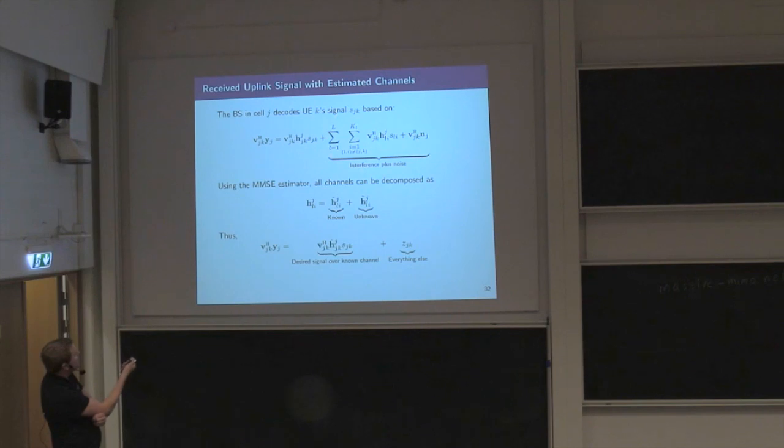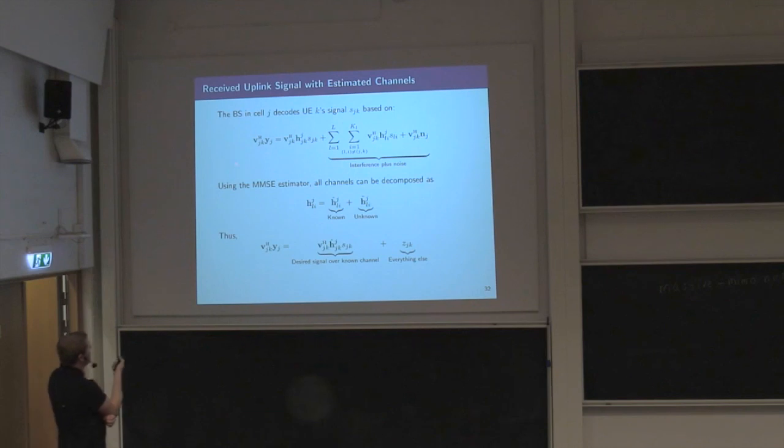When I receive this, I have also a lot of interference plus noise. Interference from all other cells, or actually the same one, as long as I don't include my own user. And here I have, in the product between channel and combining vector, the channel from another user and my combining vector. And here I have the signal from another user, and here I have noise.